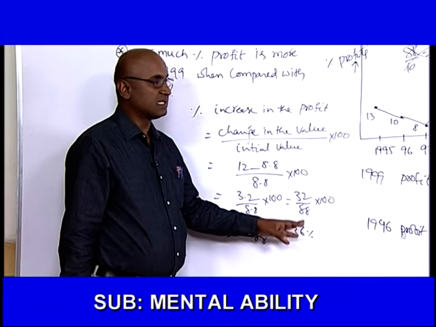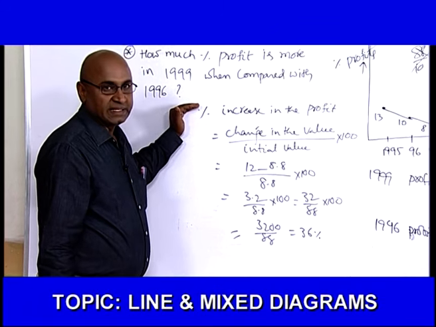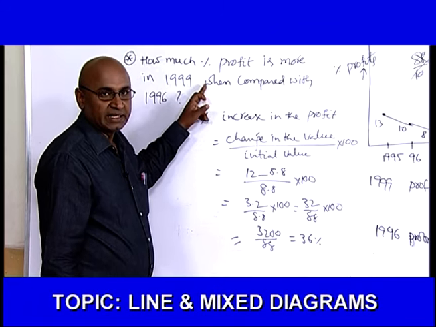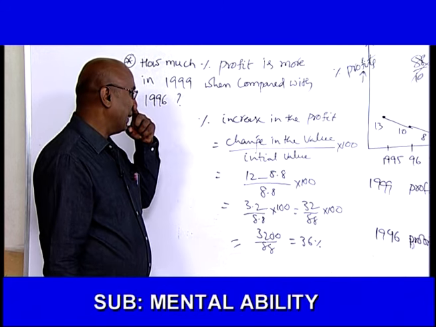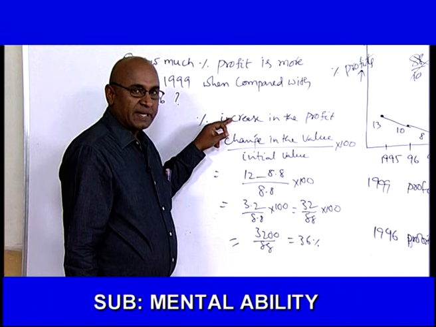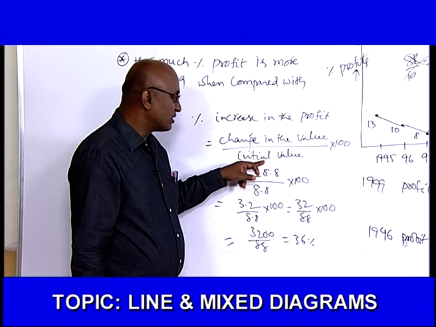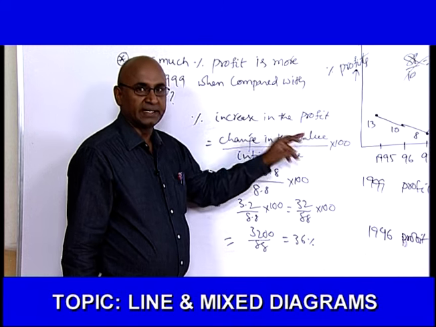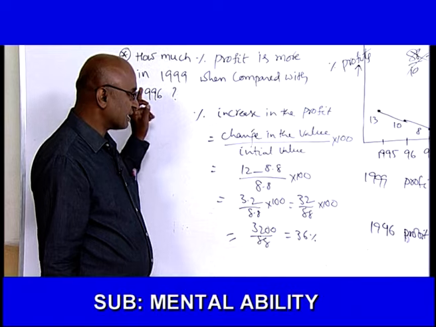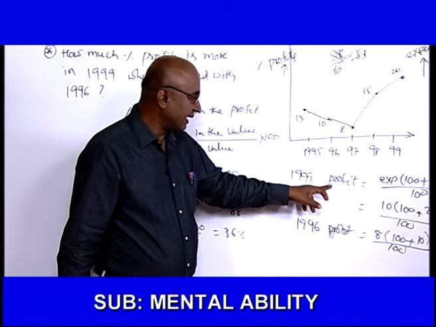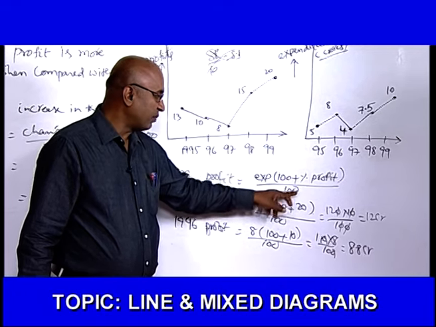One more time we will see this problem. What is the percent increase in the profit in the year 1999 when compared with 1996? Percent increase or percent change is equal to change in the profit by original profit or initial profit into 100. Profit in the year 1999 is expenditure into 100 plus percent profit by 100.